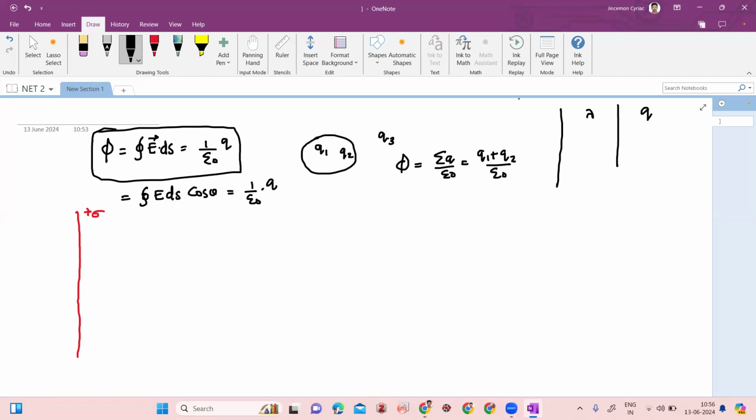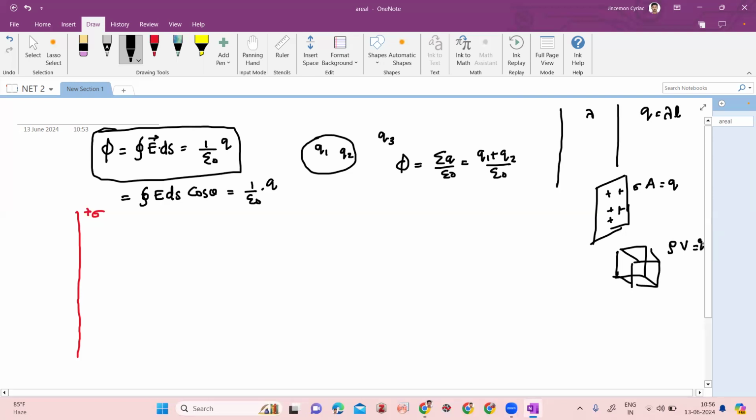Then the total charge Q is equal to lambda into L. If we consider a charge sheet and this charge is uniformly distributed through this surface, then sigma is the charge density and sigma into A is the total charge. If we consider any volume or space, and rho is the volume density, then rho into volume is the total charge Q.